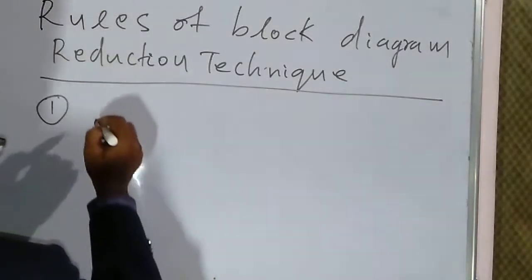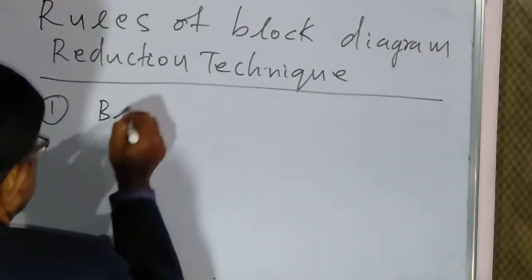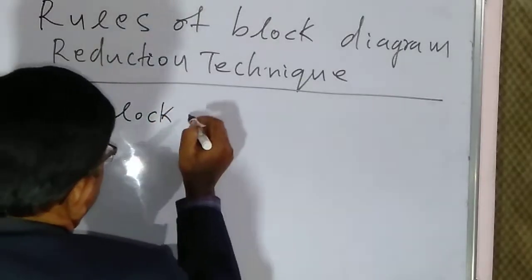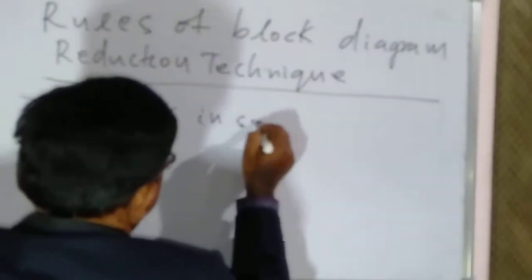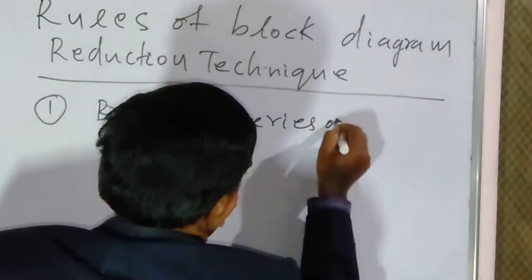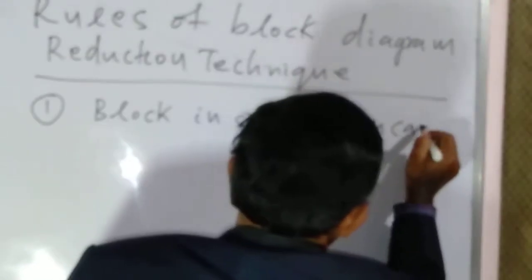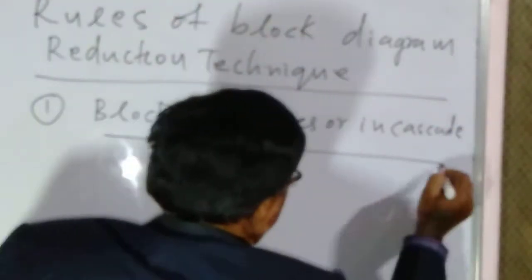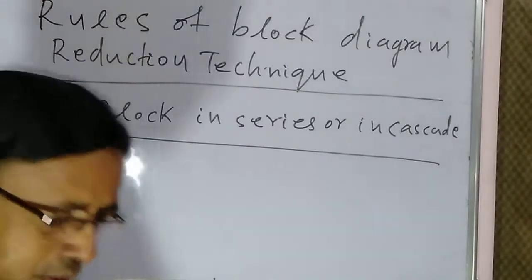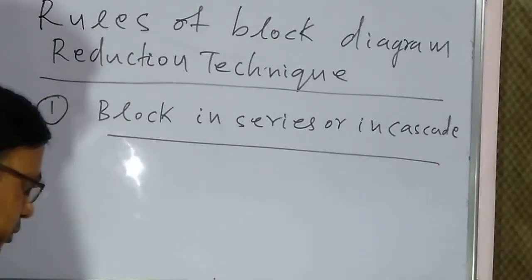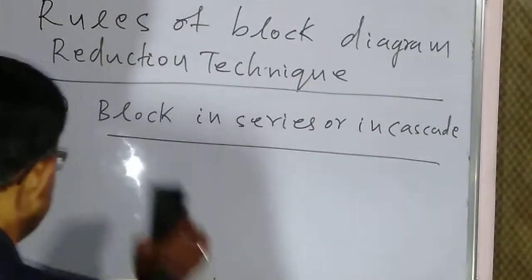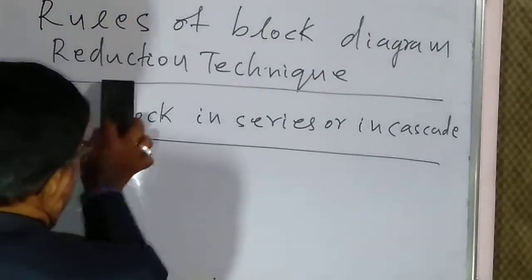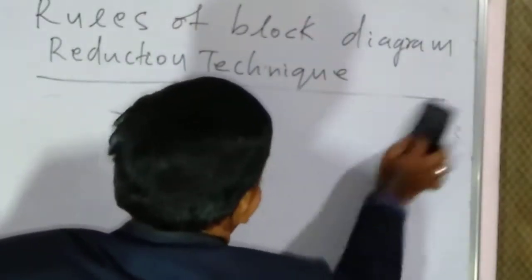So rule number 1, that is blocks in series or in cascade. It means when more than one block is connected in series or in cascade, how do we replace all these blocks by a single block?